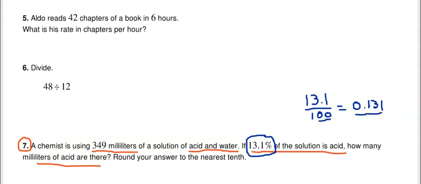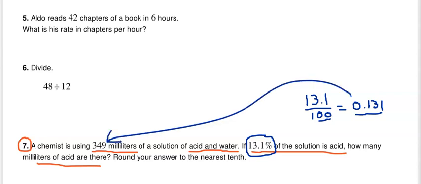And here's your answer. At this point, all we have to do is multiply those two things together, and that gives us our answer. So 349 times 0.131 is going to be 45.7 something, but it says round your answer to the nearest tenth.